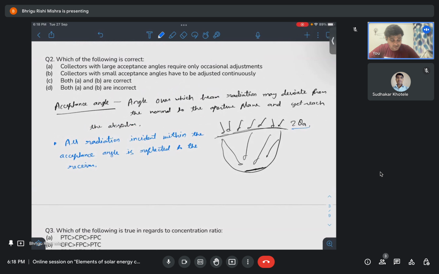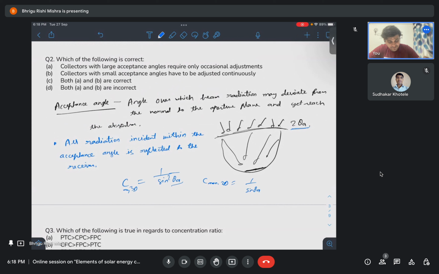So now this acceptance angle is also related to the concentration ratio. So C for 3D it is 1 by sine square theta a. Okay, this is half. So the total acceptance angle is 2 theta a, and this is the half acceptance angle, and this is the 3D maximum, and for 2D it is 1 by sine theta a.